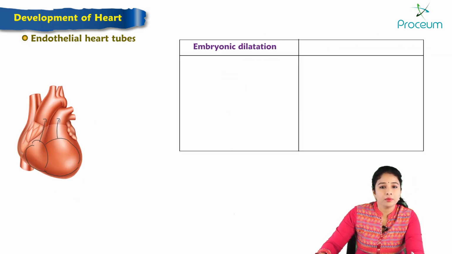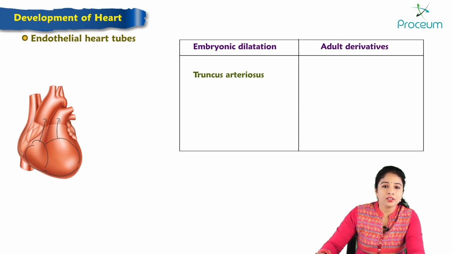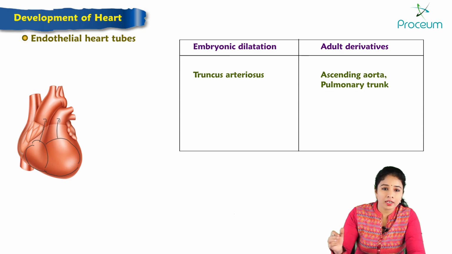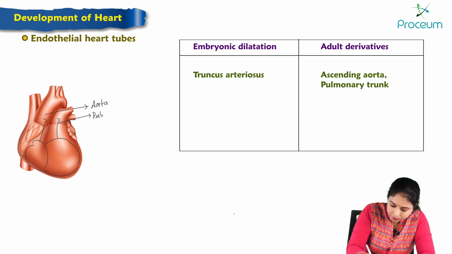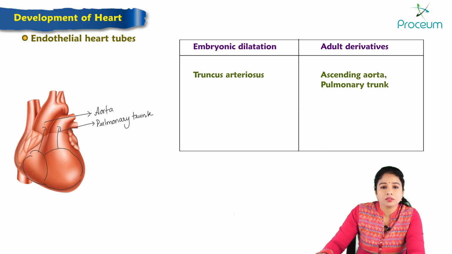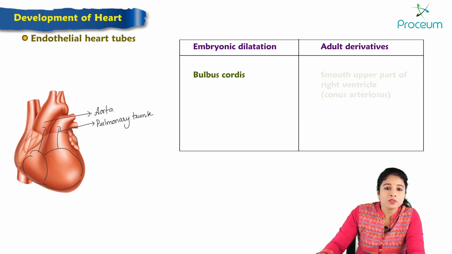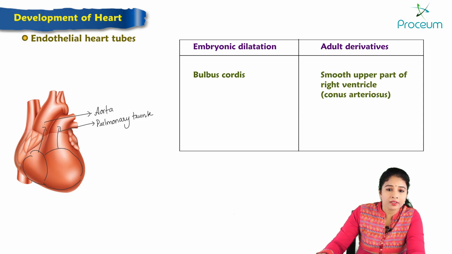Let's see the embryonic dilatations and what they form in adults. The truncus arteriosus gives rise to the ascending aorta and pulmonary trunk. The bulbus cordis forms the smooth upper part of the right ventricle, that is, from the conus arteriosus.